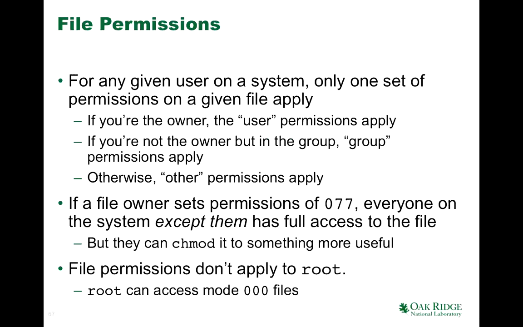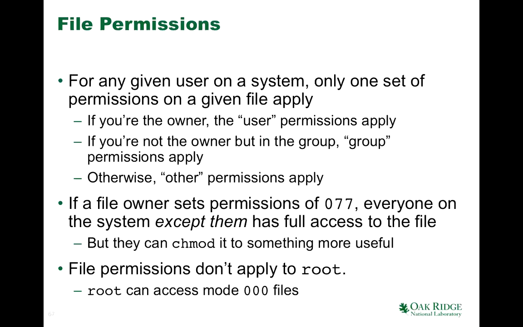Something else to understand: for any given user on a system, only one set of permissions on any particular file applies. So if you are the owner of the file, if when you do that ls -l listing, your username is the one that shows up, the user permissions apply. If you are not the owner but you're in the group, the group permissions apply, and otherwise the other permissions apply.